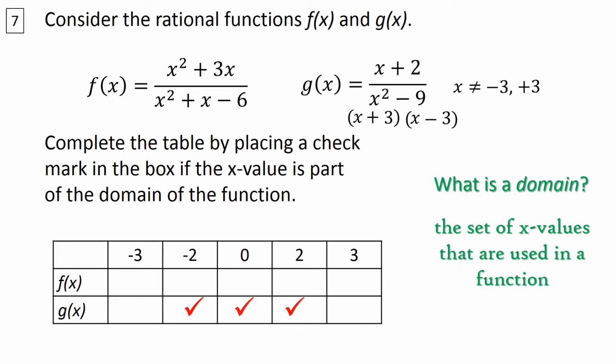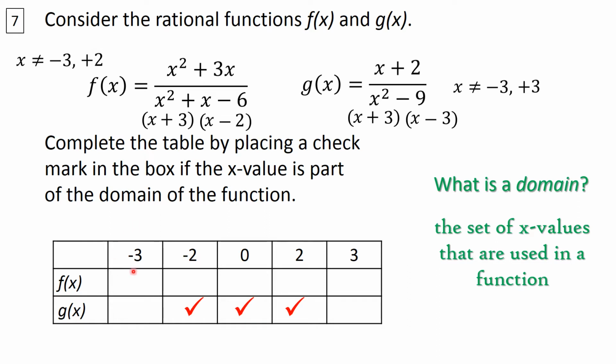Similar idea for f of x. We got to factor this and figure out what makes it 0. So factor that. This time we want two numbers that multiply to be negative 6, add to be 1. That's a positive and a negative. That's going to be a positive 3 and a negative 2. 3 times negative 2 is negative 6. 3 plus negative 2 is positive 1, which means that this time x cannot equal, well, x plus 3 gives me negative 3, x minus 2 gives me positive 2.